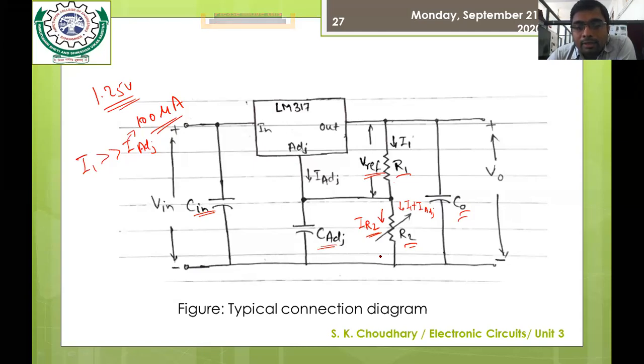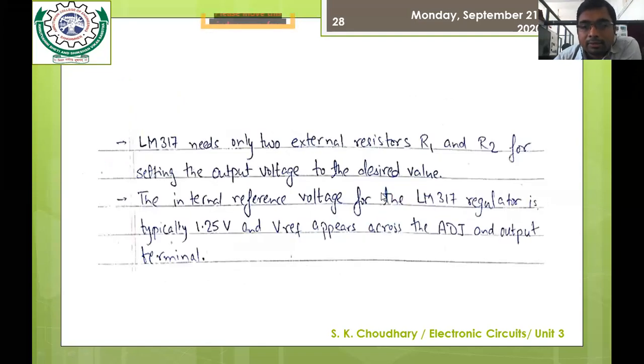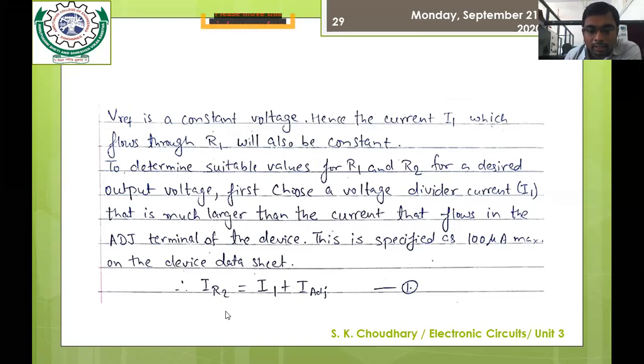As per this connection, two currents are merging at this node. So it is I1 plus I adjustable. Simple. So IR2 is I1 plus I adjustable.